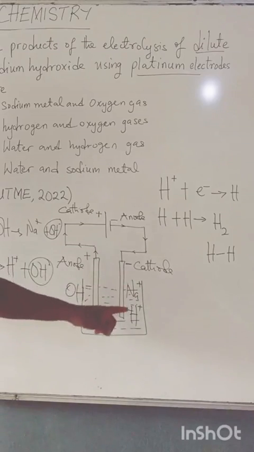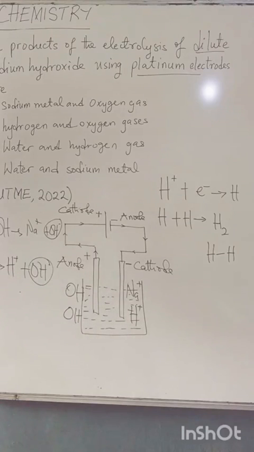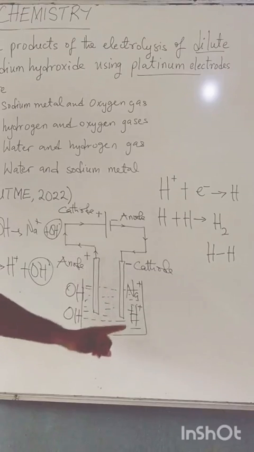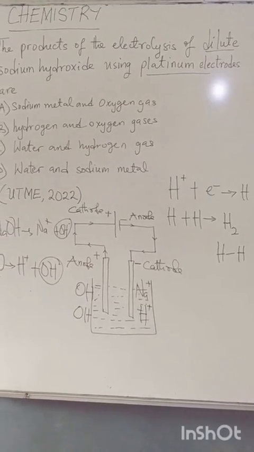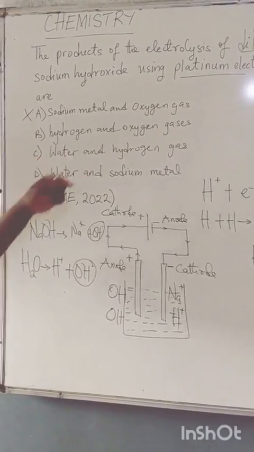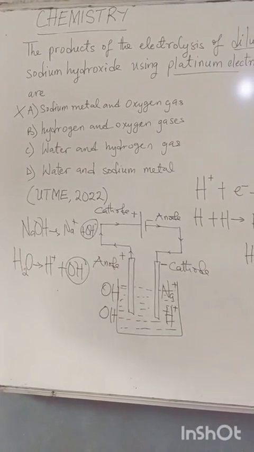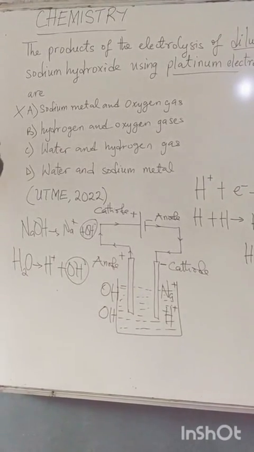So in the presence of hydrogen, sodium will never become discharged until the last ion of hydrogen must have been discharged. Do you understand? So this explanation makes this option A not correct, because there it says sodium metal becomes discharged, and that can never happen. So option A is off. Is that clear?